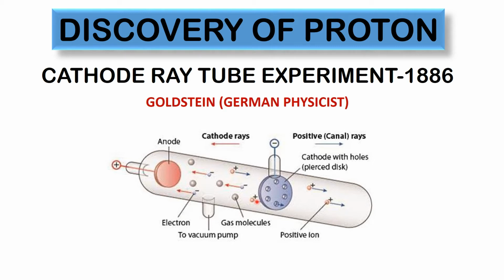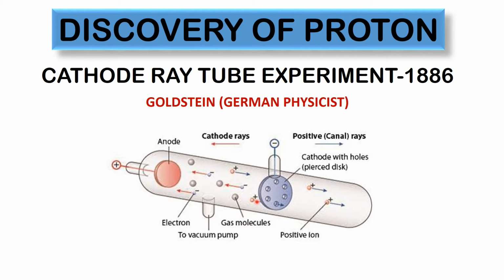And at this low pressure, we already know from the discovery of cathode rays or electrons that certain rays are emitted from the cathode that move towards the anode. And from that, of course, the negatively charged particles were discovered.